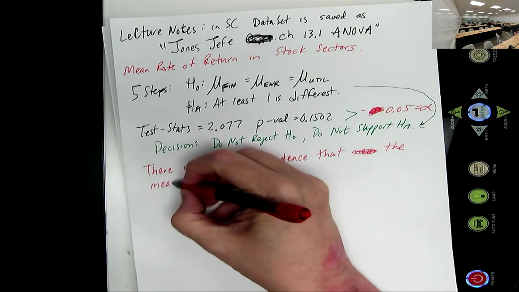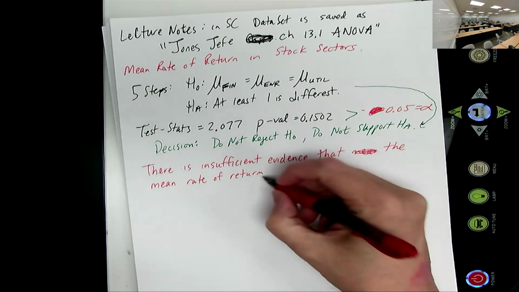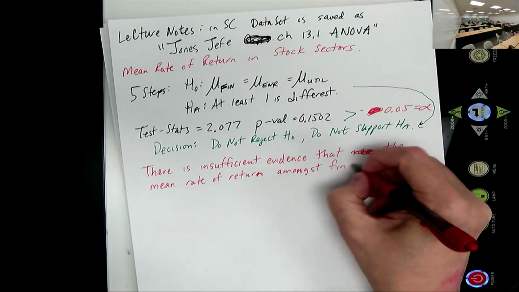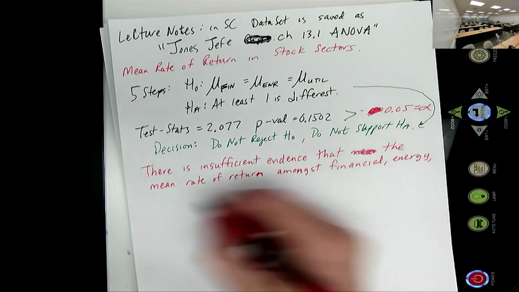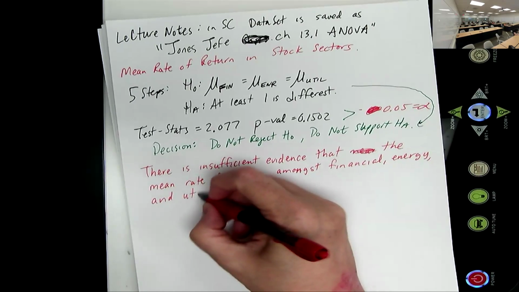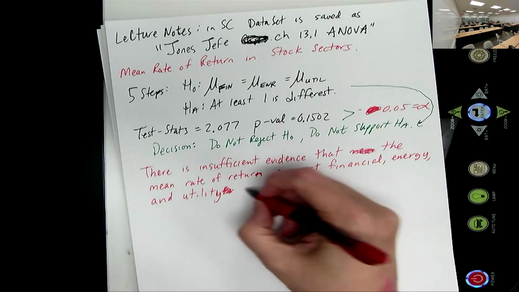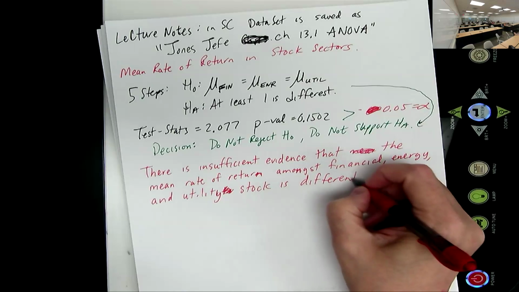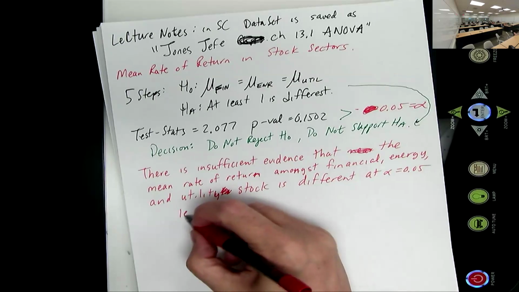That the mean rate of return amongst financial, energy, and utility stocks is different, at alpha equals 0.05 level of significance.